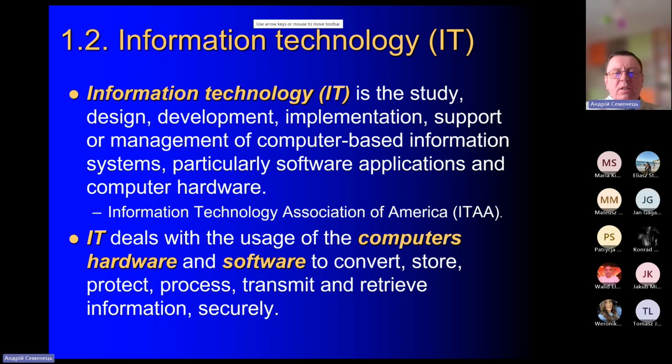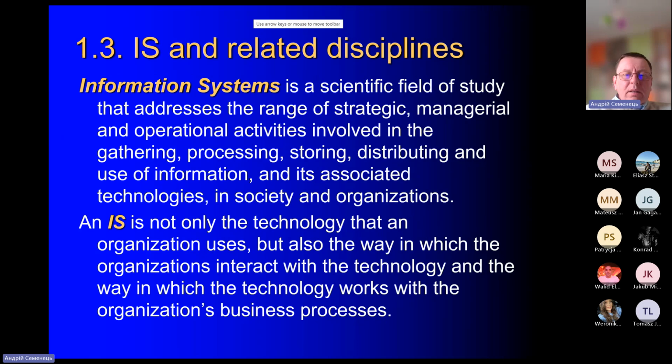Speaking of information technology as a related subject, it is the process of study, design, development, implementation, support, and management of computer-based information systems, and in particular software applications and computer hardware. So we consider this as a scientific area.